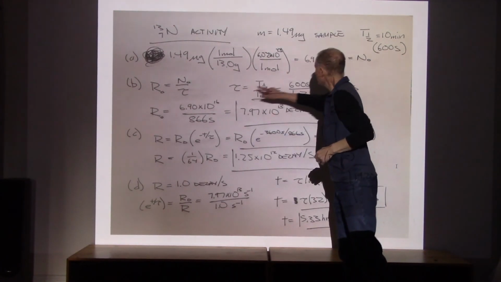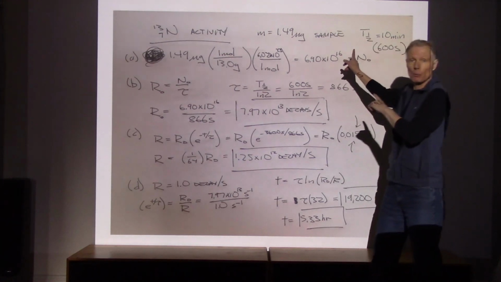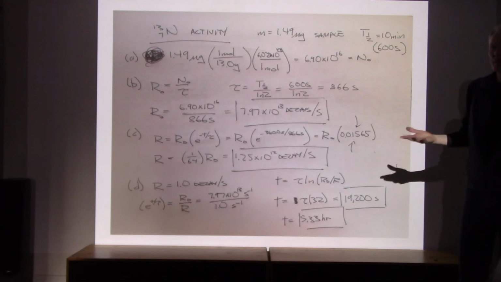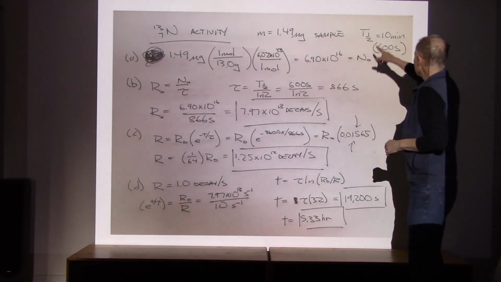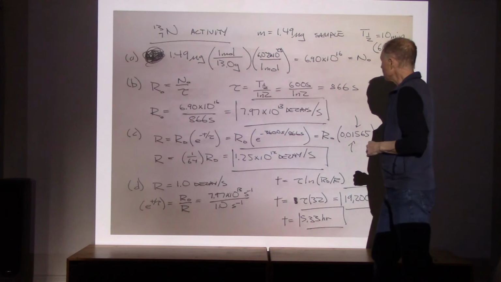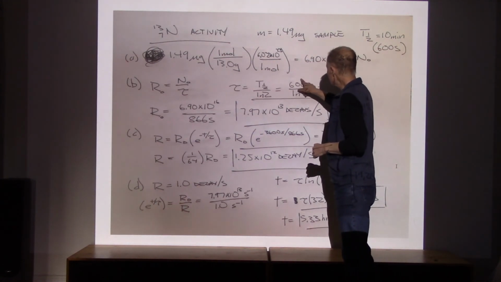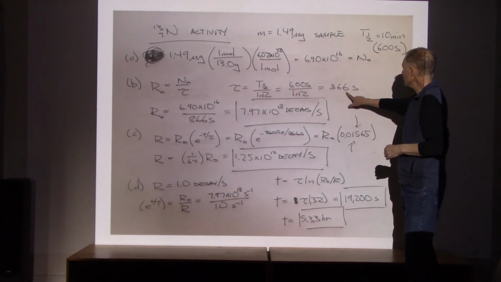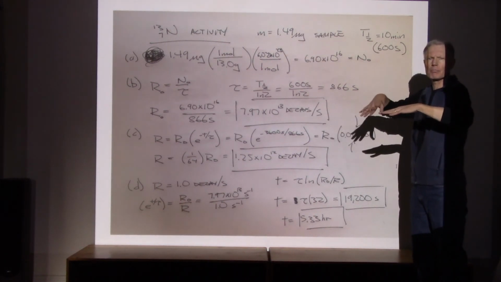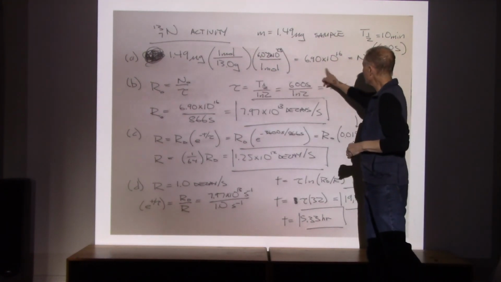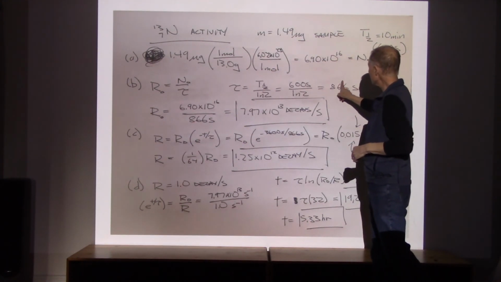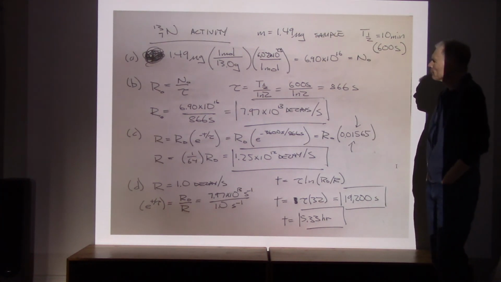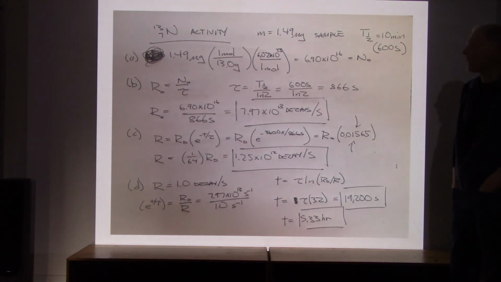The lifetime we can get by taking the half-life, that's what was given in the problem, or maybe that's something we looked up in Appendix F. So if that information is given to us in a problem, then I can take that 600 seconds, divide through by the ln of 2, and that gives me 866 seconds, and I do a quick mental double check and go, yeah, that seems like it's extended by an additional 40% or something. That's how the lifetime is related to the half-life.